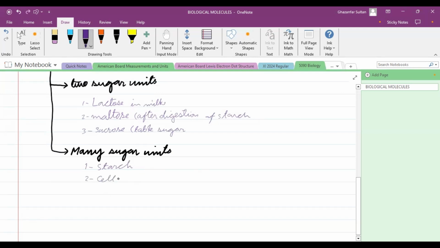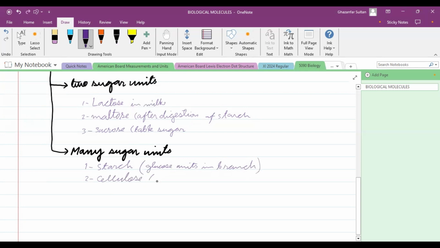Large numbers of glucose units unite together and branching is also there.